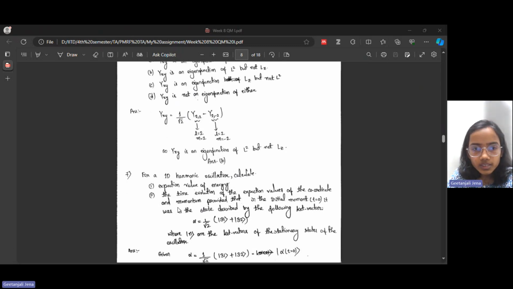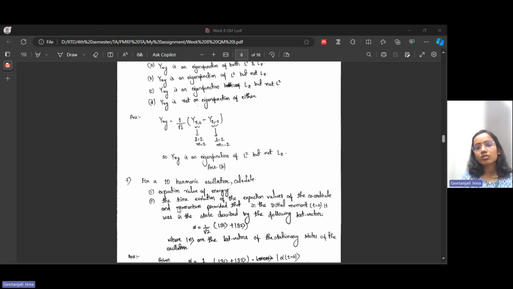Okay, so the next problem is: for a 1D harmonic oscillator, calculate the expectation value of energy and the time evolution of the expectation value of the coordinate and momentum, provided that in the initial state, t equal to 0, it was in the state described by the following ket vector, alpha equal to 1 by root 2 (ket 31 plus ket 32), where ket n are the ket vectors of the stationary states.